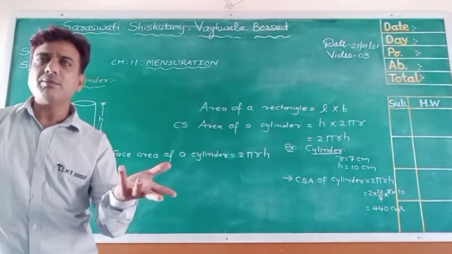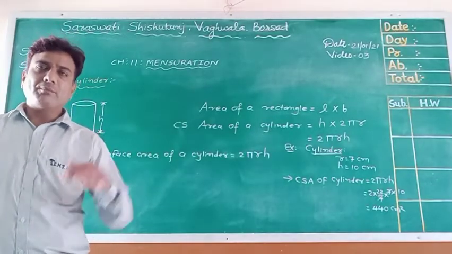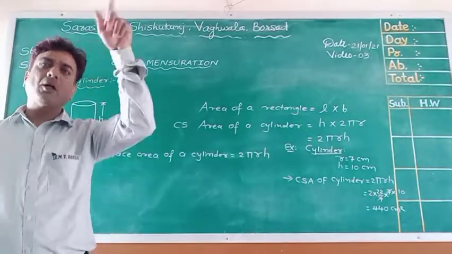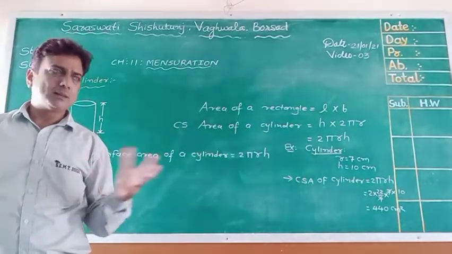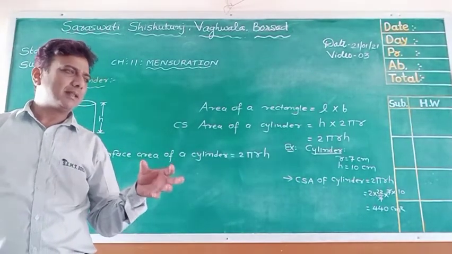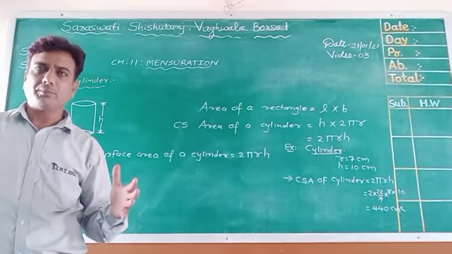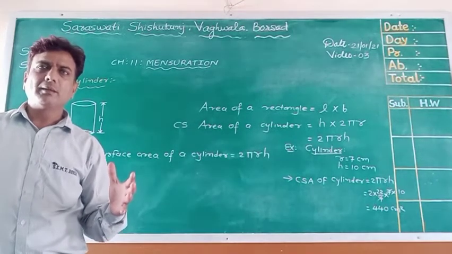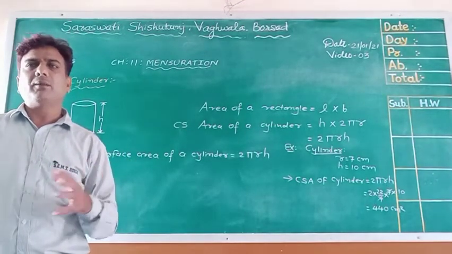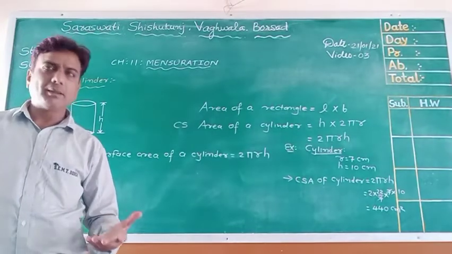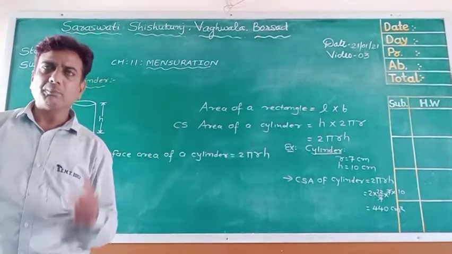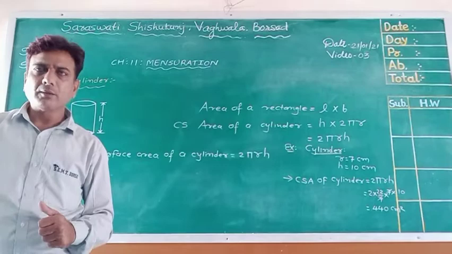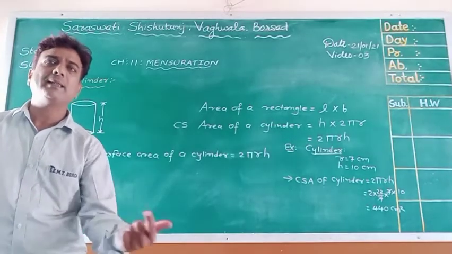But sometimes we observe that the base is given and the top is not given. Suppose a cylinder like a water tank. In a water tank we can observe that the bottom is given but the upper side is not given. So we have to include that base area.